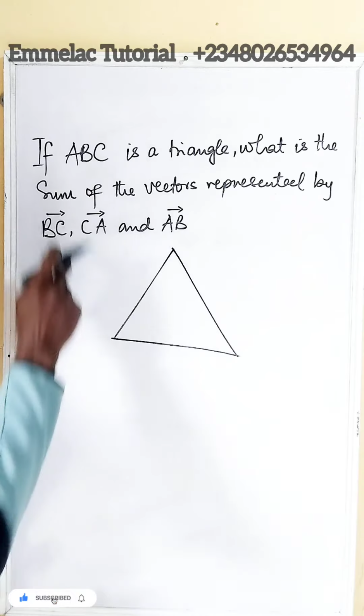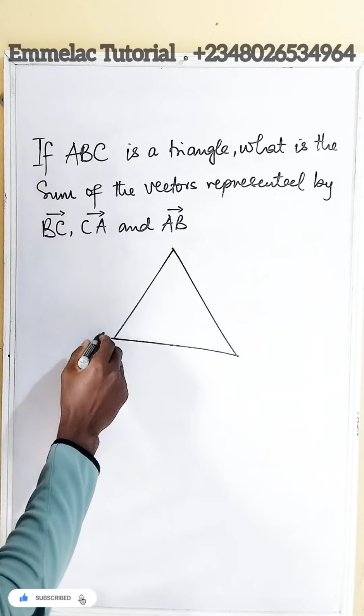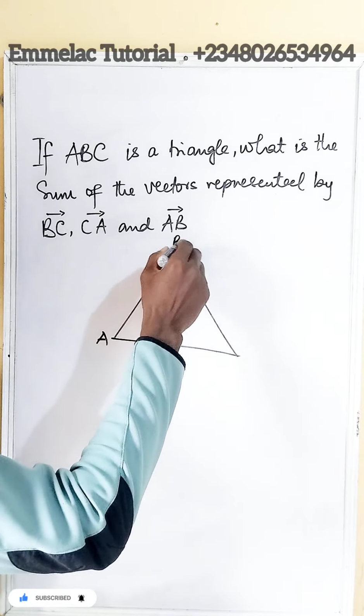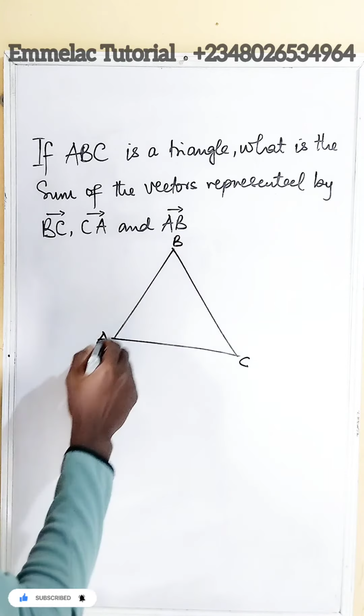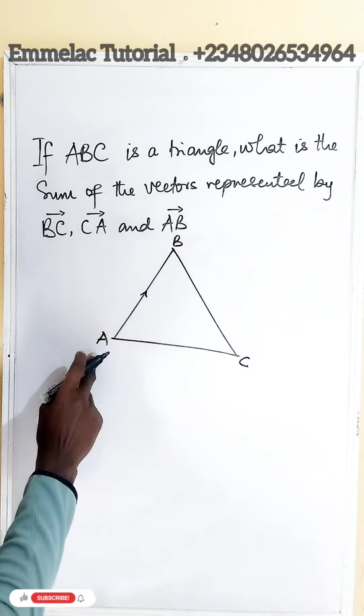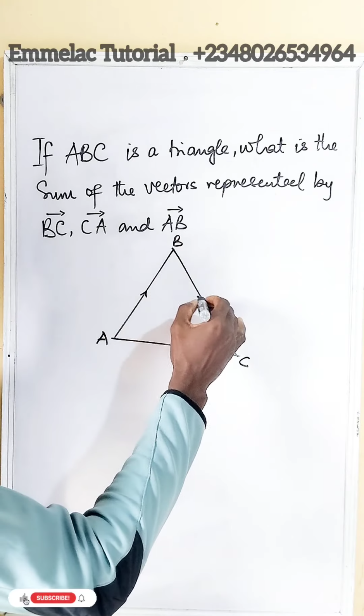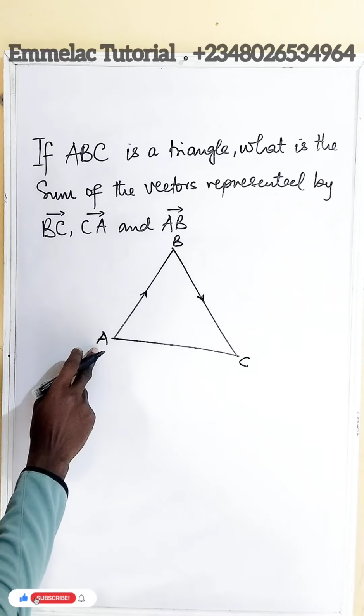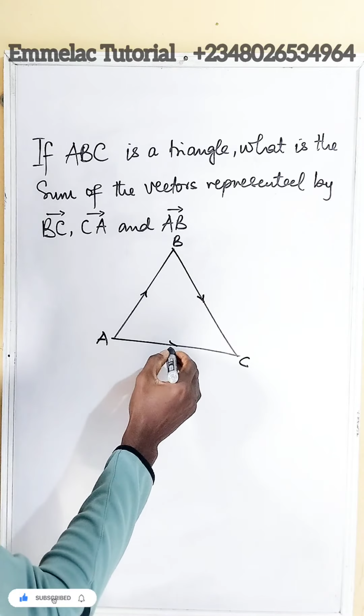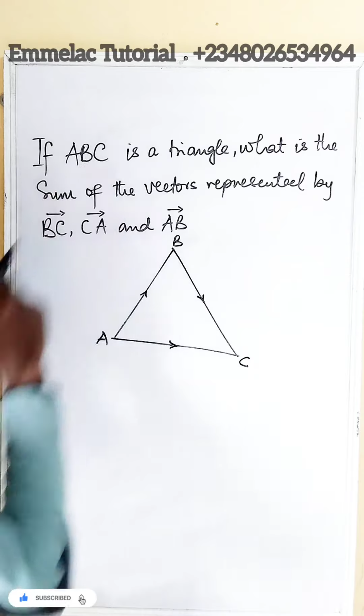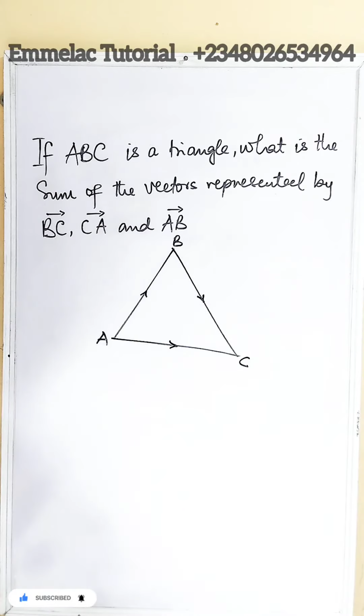Now taking the direction of ABC, that is A, B and C, which means the direction will be from A to B, from B to C, then from A to C, because A is the starting point and C is the stopping point.